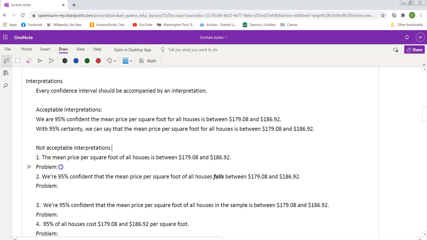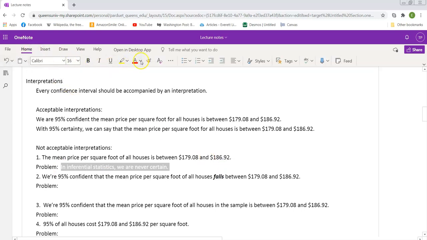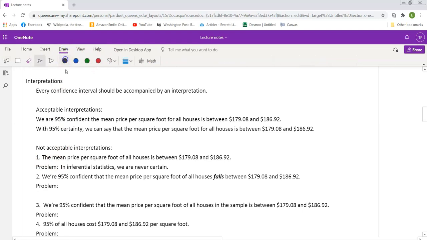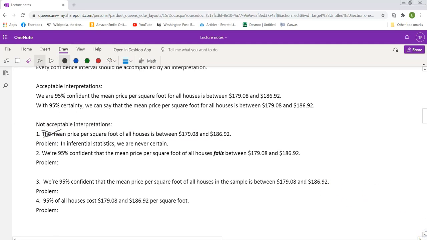So we can't state it with that amount of certainty. So you have to leave yourself that amount of wiggle room. All right, so this would be bad. Okay, so don't do this. Making a point of marking through that just so you know that's bad.